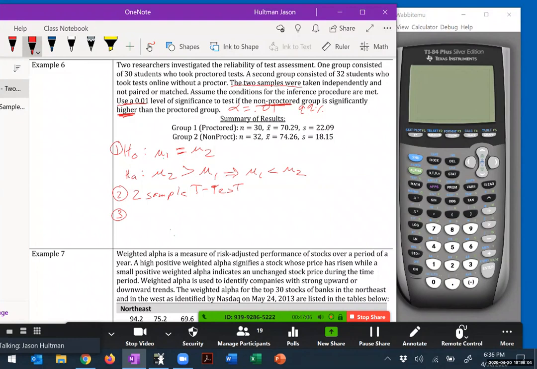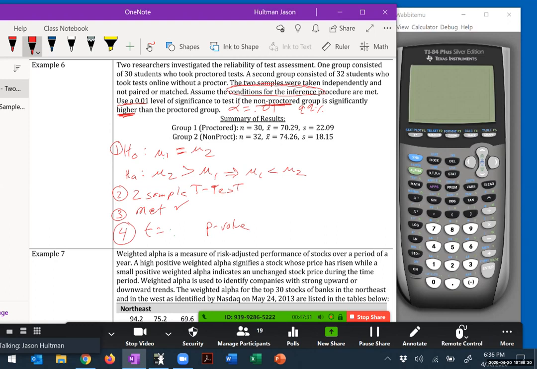Number 3, are all of the conditions for inference met? Yes, all the conditions are met. So I'm just going to say met. Check. What about number 4? Number 4 is to compute the t-statistic and the p-value.